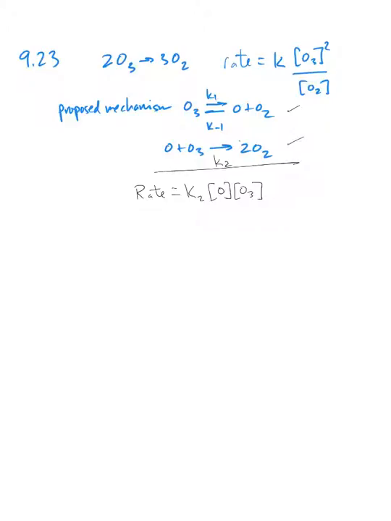The oxygen atom is in the category of an intermediate, so we're going to use an expression derived from the first step to substitute for that. The practical reason is that intermediates are often very low in concentration, and so they're really difficult to measure in the lab.